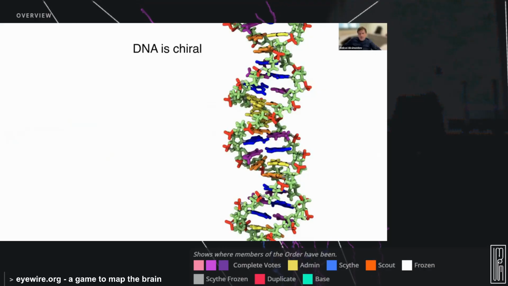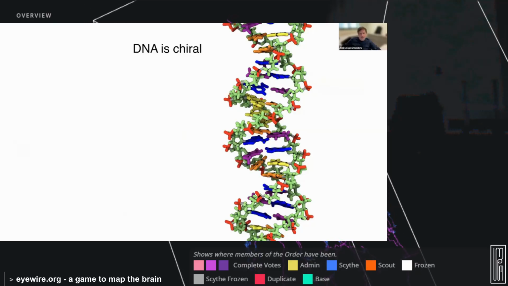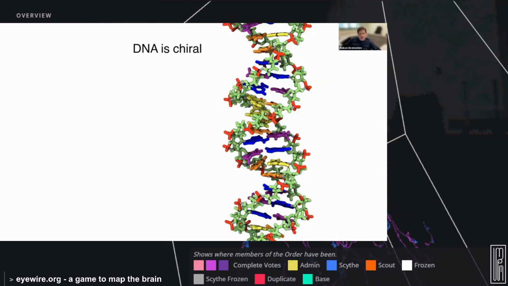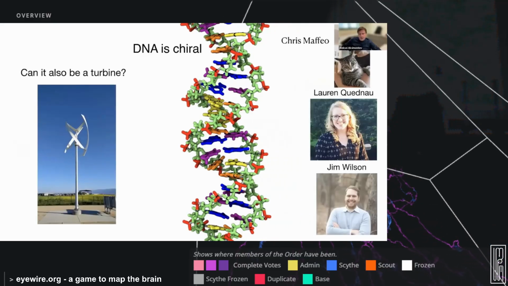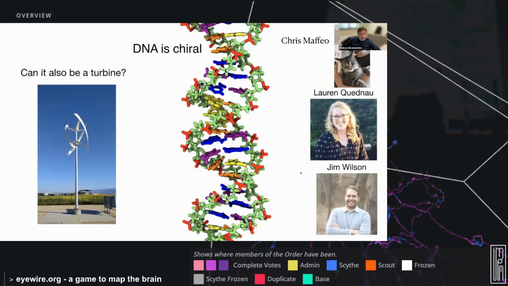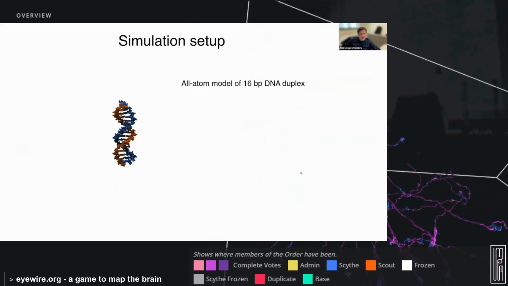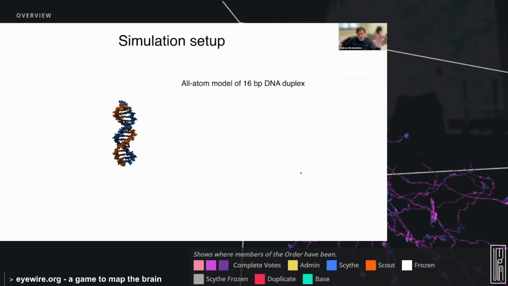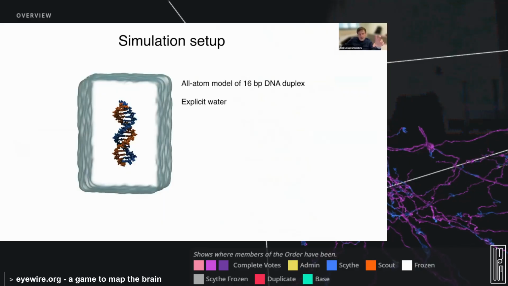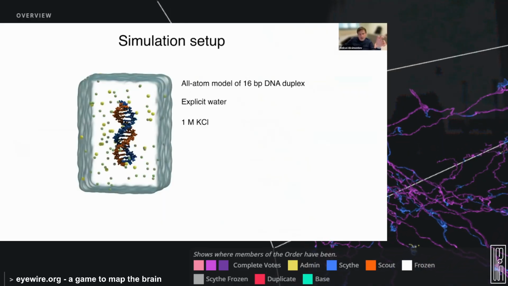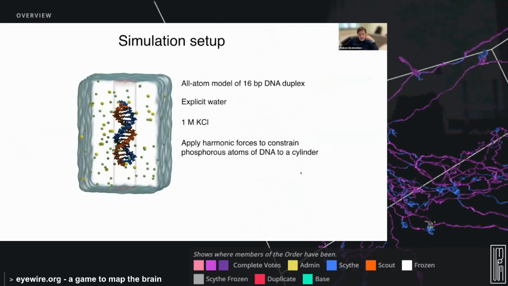But then we thought, well, maybe, DNA is chiral. Perhaps it can work as an electromotor. And that's what we set out to try here. So the way we do it is we took a fragment of DNA, we added water and ions, and then we did a little trick here.